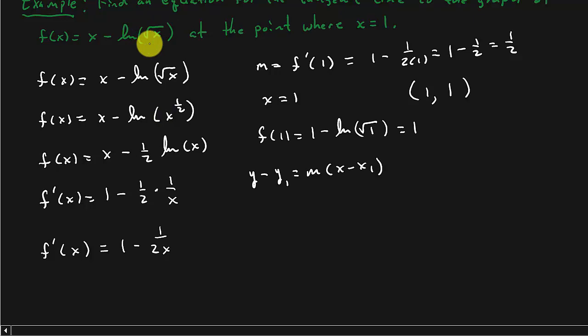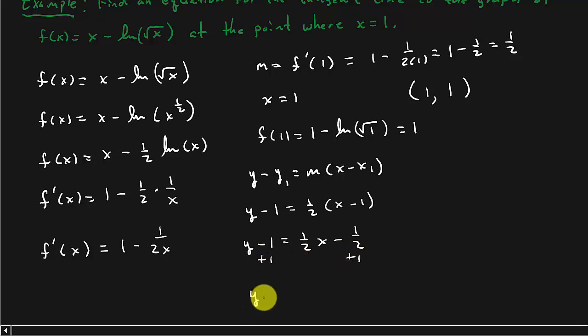And so now we've got y minus 1 equals 1/2 times x minus 1. So y minus 1 equals 1/2 x minus 1/2. Then we add 1, so we get y equals 1/2 x plus 1/2. And there's your answer.